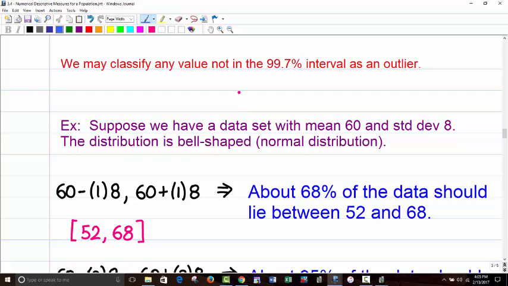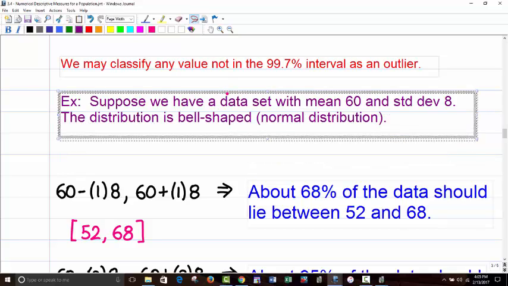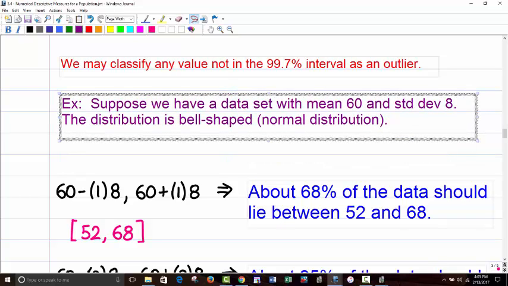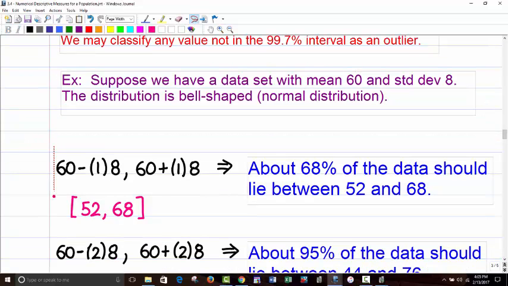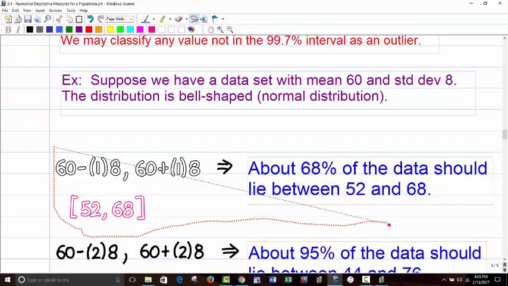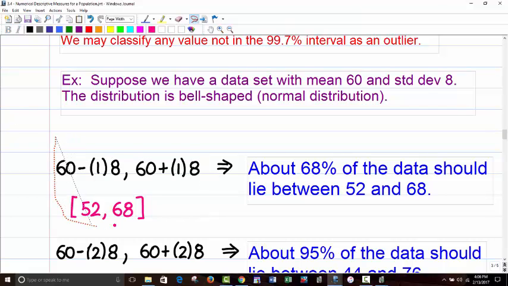So this problem says, suppose we have a data set, mean 60, standard deviation 8, distribution's bell-shaped, meaning also normal distribution. One thing I want to mention is you don't have to worry about whether it's sample mean or population mean.